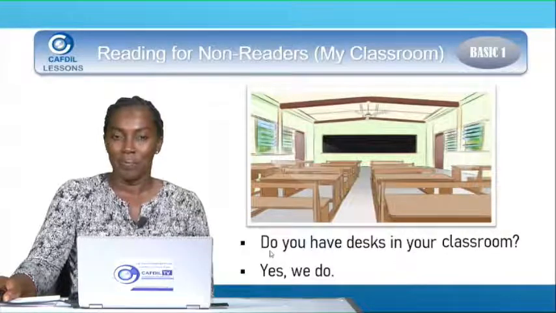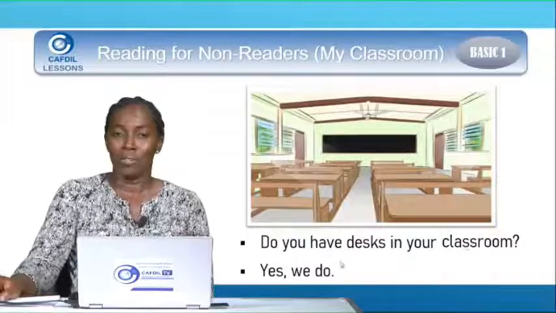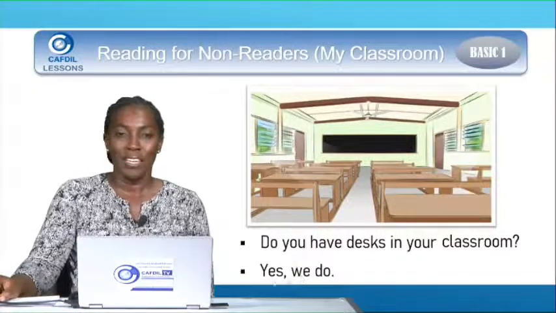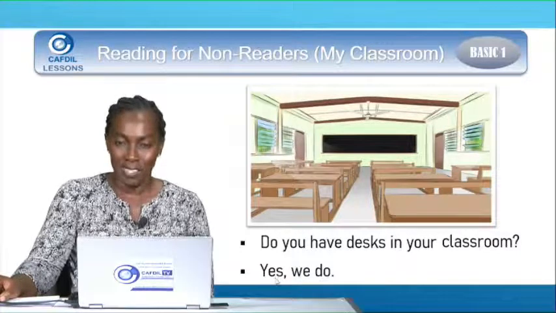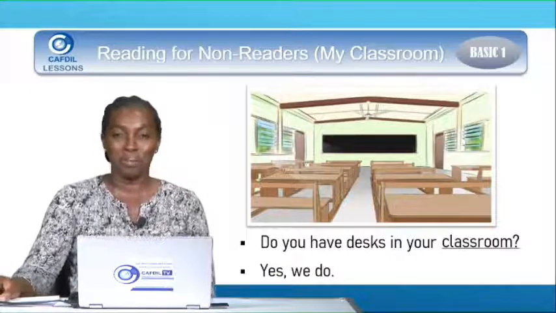Good. Do you have desks in your classroom? Yes, we do. Yes, we do. Very good.